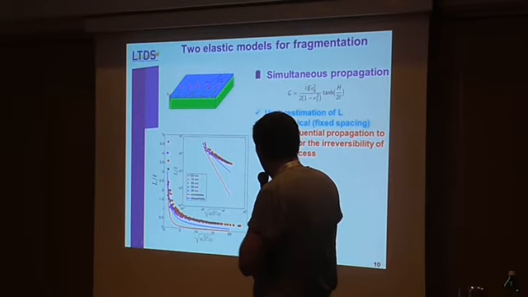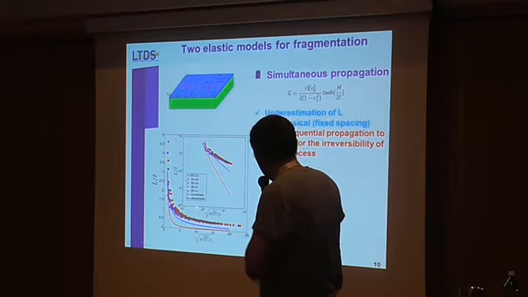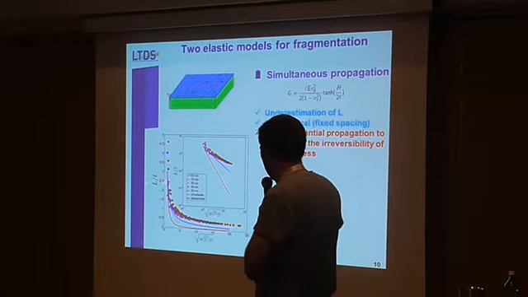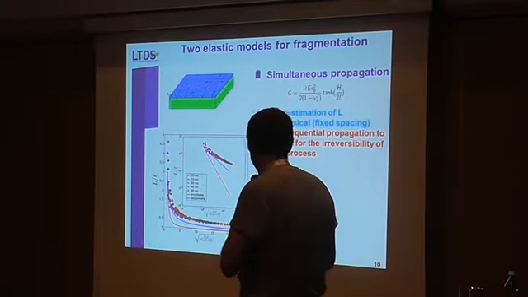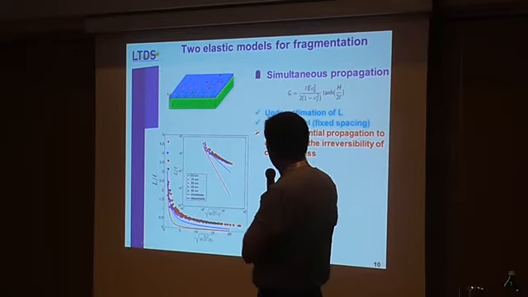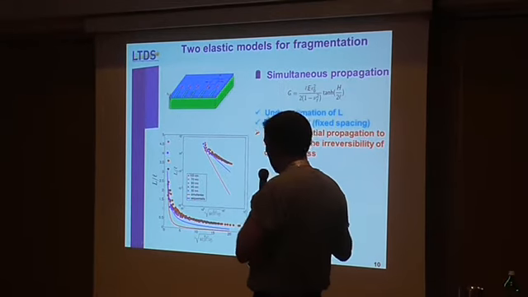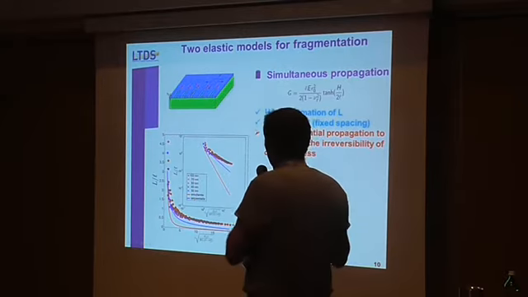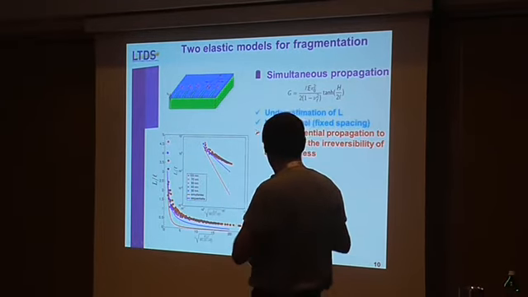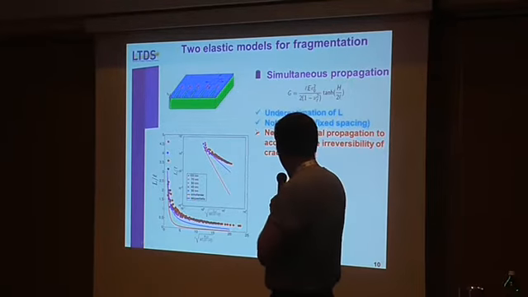This gives the red curves on this plot, and we can see that we underestimate the value of L, which is quite normal because this model is not physical: it supposes that the cracks are able to get nearer and nearer as the strain increases. It's not physical at all.